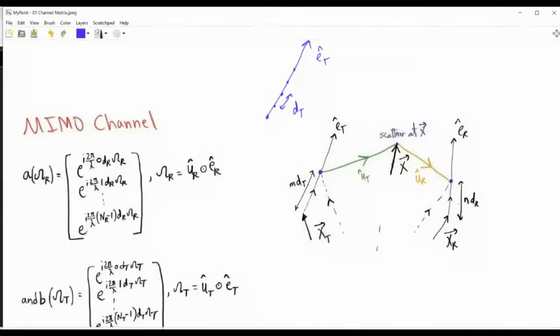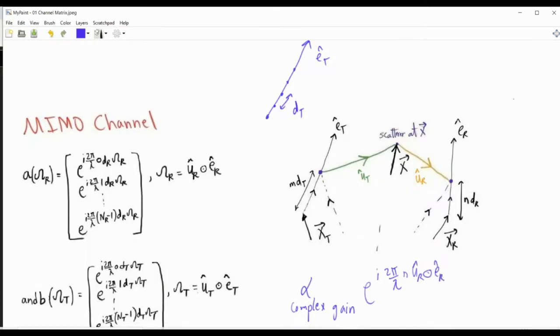And we discovered that the channel between them after approximation, so this is not something that is exact, will be proportional to, so there is an amplitude or complex gain, and then you have e to the i 2 pi over lambda, and if this is the nth received antenna, we have n, and then we have ur dot er.